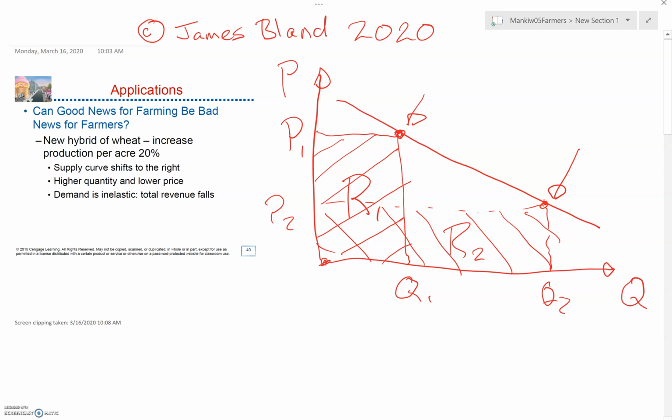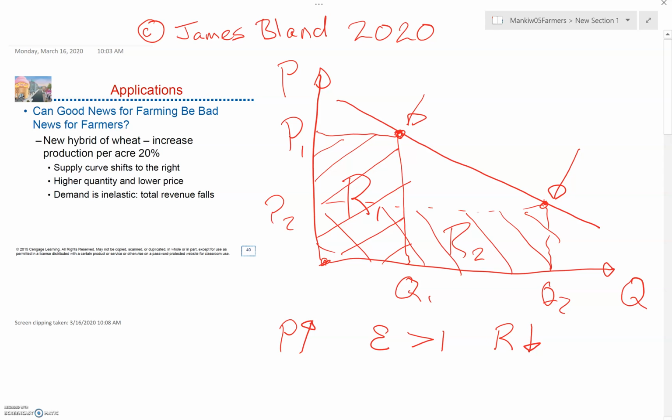And in particular, if price goes up and demand is relatively elastic, so we could think about elasticity greater than 1, then revenue typically goes down.